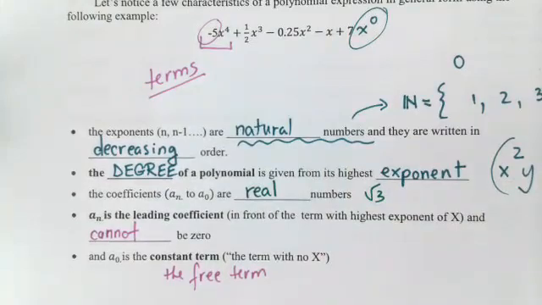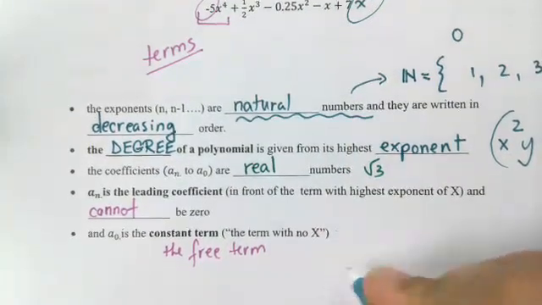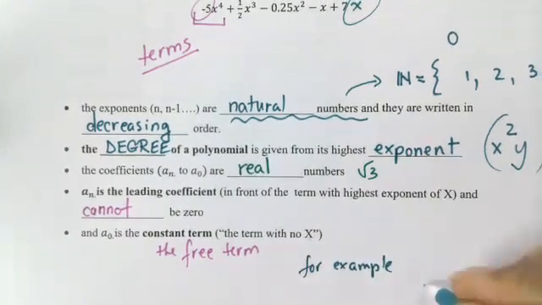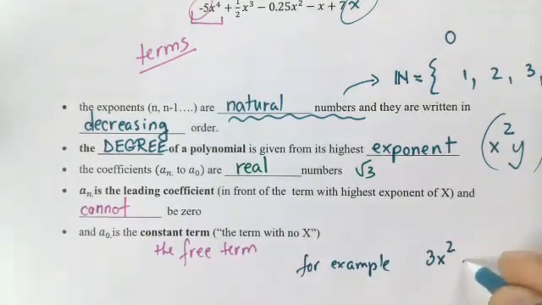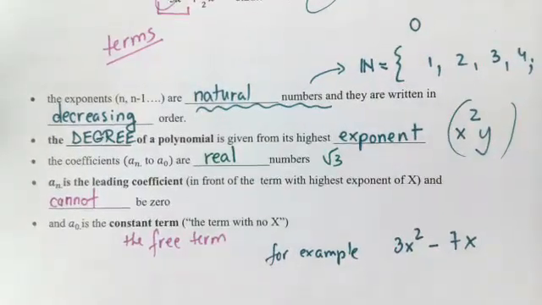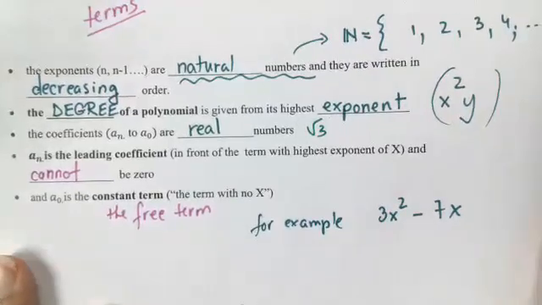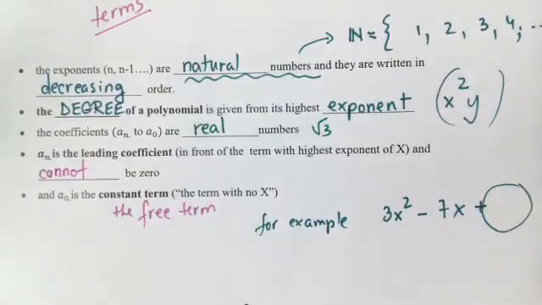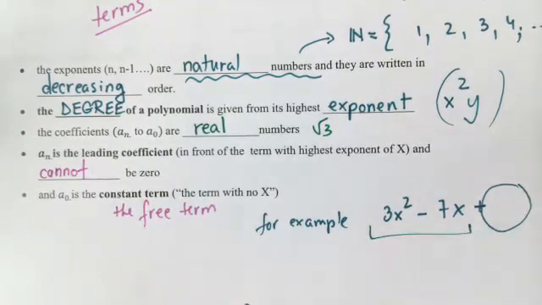Sometimes you have a polynomial expression that doesn't show one. For example, if you have 3x squared minus 7x, okay, what's the free term for this one? What can I add here as a number that doesn't change the given expression?